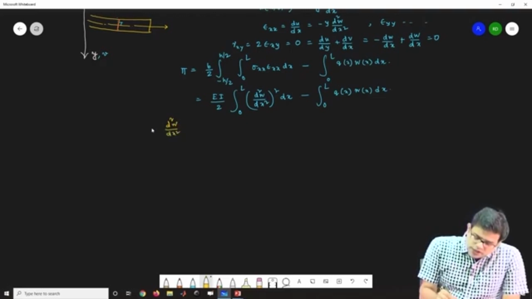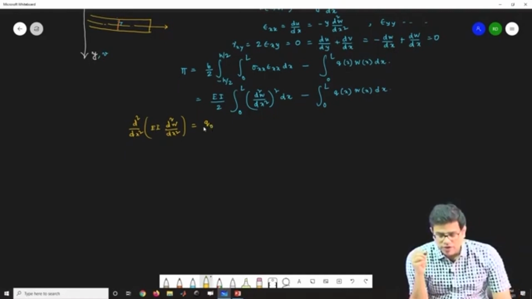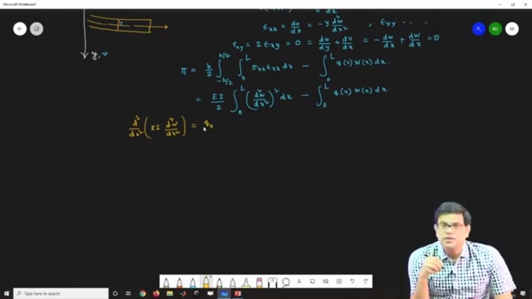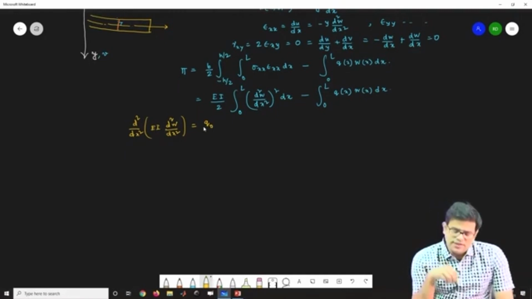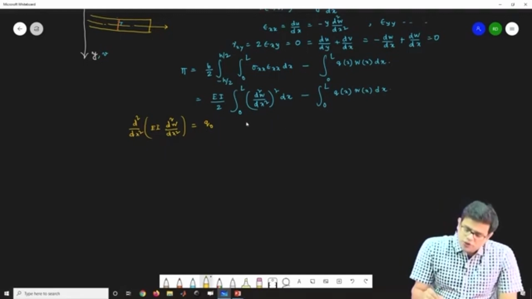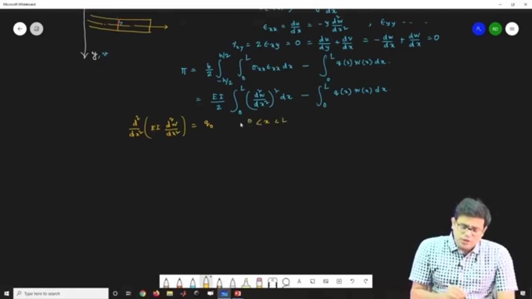That is d2 by dx2 of EI d2w by dx2 equals q0 or q, whatever you say. If q0 is constant, then this is q0. So this is the governing equation of the beam, where x runs from 0 to L, and the associated boundary conditions.